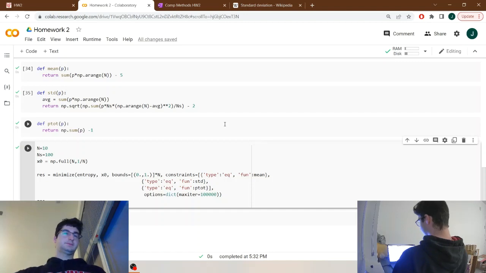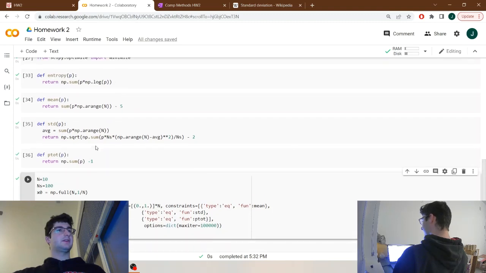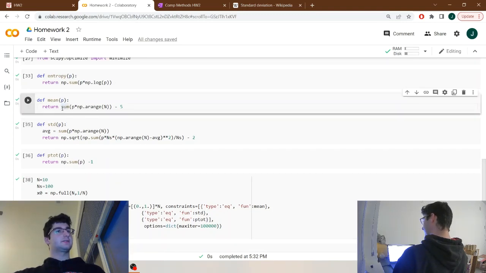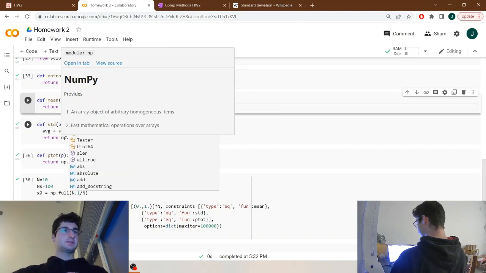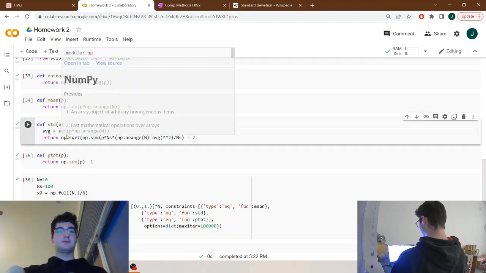So I took some time and dug around trying to find what was wrong. And what I found was that for these sums, or the mean and the standard deviation, I forgot to put the numpy prefix.